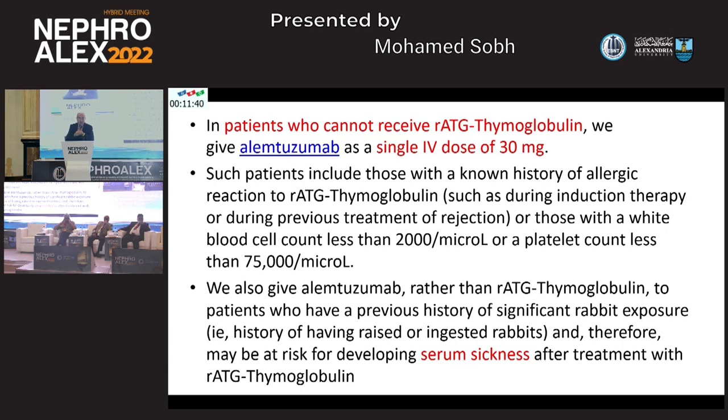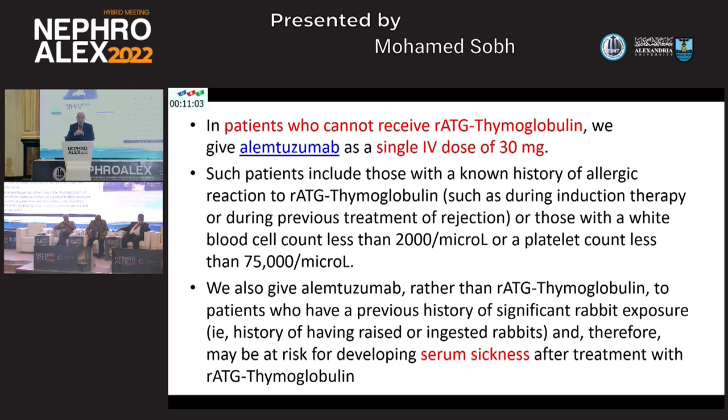What about alemtuzumab? For a patient who cannot receive ATG, we give alemtuzumab as a single IV dose, 30 milligram just IV once. Such patients who cannot receive ATG include those with a known history of allergic reaction to ATG, such as during induction, you give ATG and the patient has a reaction, or you gave it previously in an earlier rejection episode and an allergic reaction occurred, so you cannot reuse it.